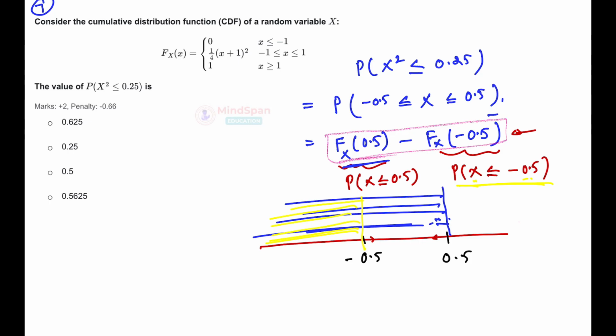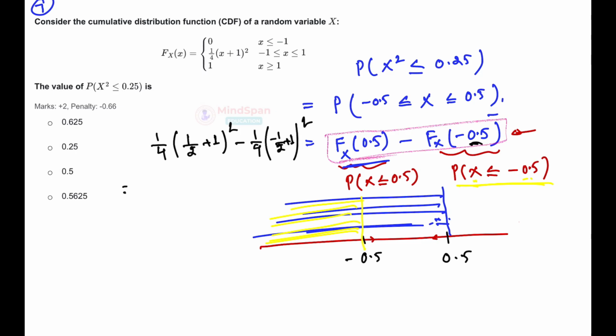Now we just need to put in the values, so that would be 1 divided by 4, with x as 0.5. Let me write it as half instead of 0.5. Half plus 1, whole square, minus 1 by 4, now calculated at minus 0.5, so that will be minus half plus 1, whole square.